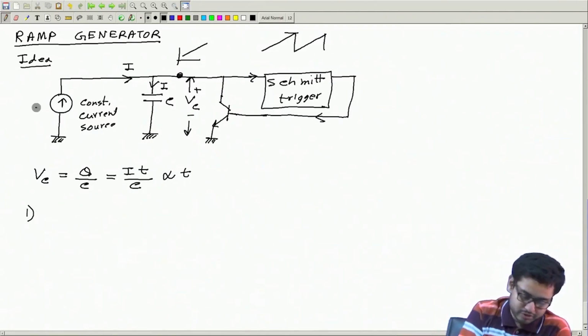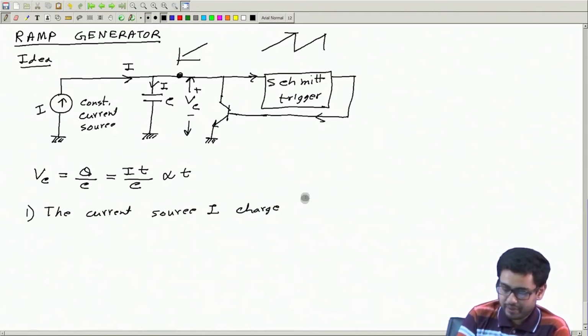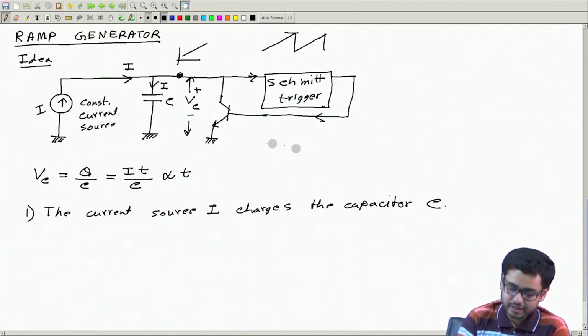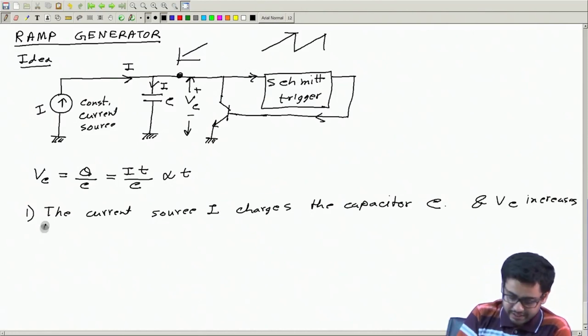So let me just write the essential points. The current source I charges the capacitor C, and V_C increases linearly.